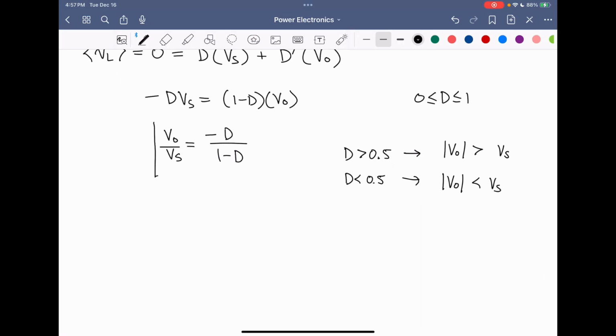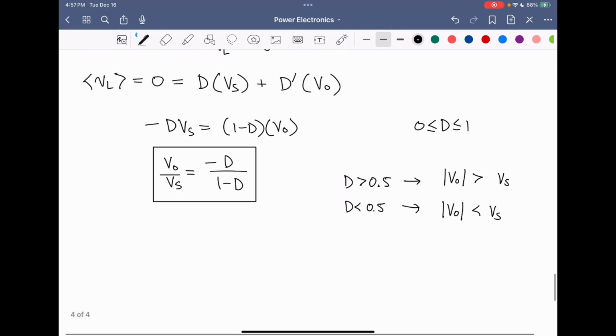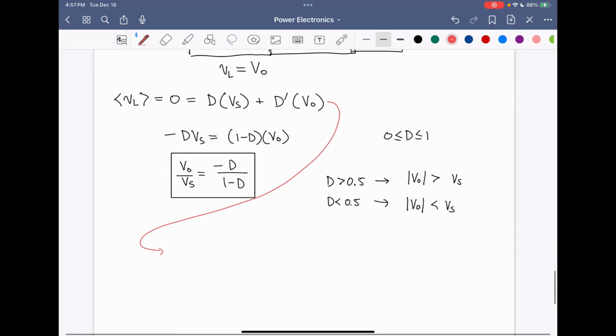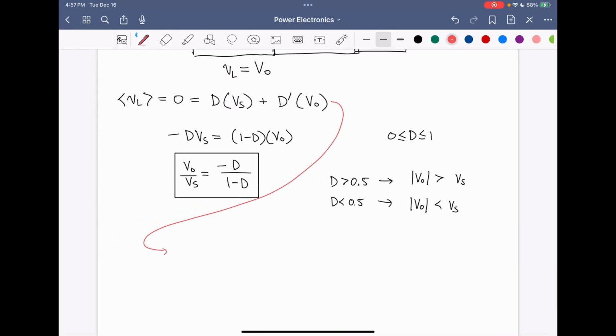So this is an important equation here. Now, we can also solve for the duty cycle that we need for a given voltage conversion ratio. So in this equation here, we can isolate d. So we have dVs plus (1 minus d)Vo equals 0.